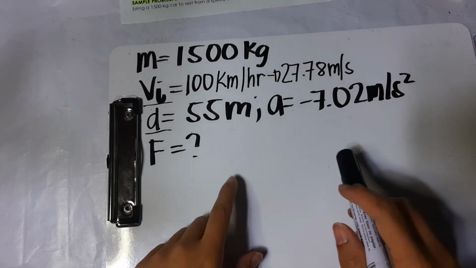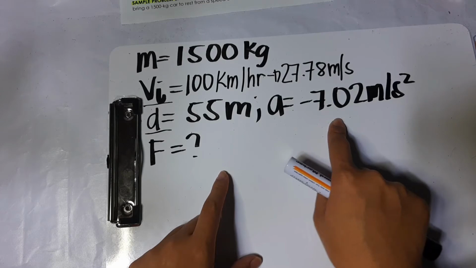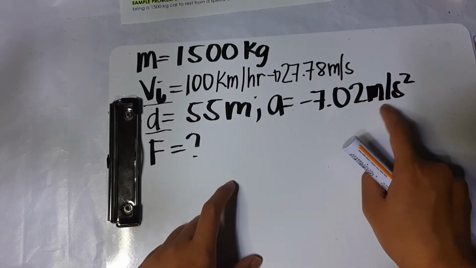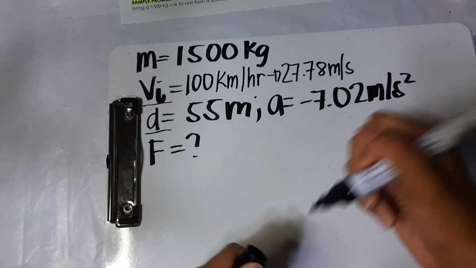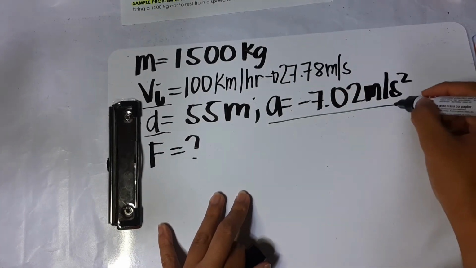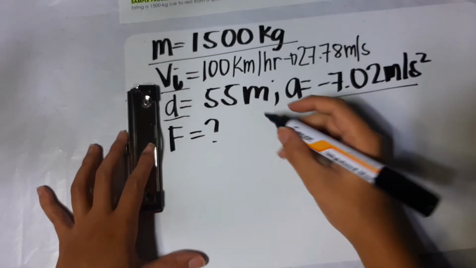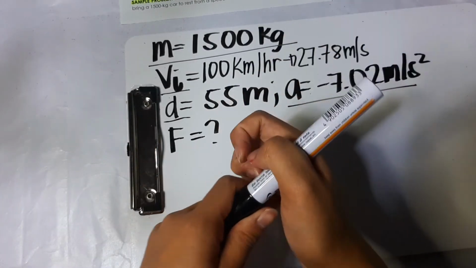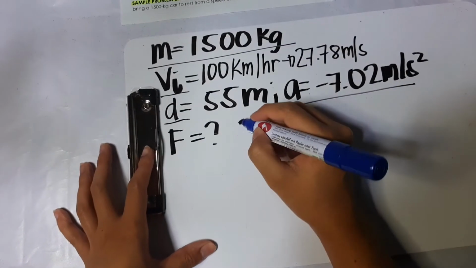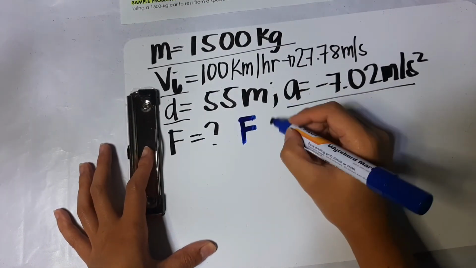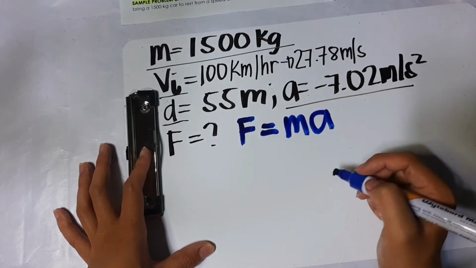Now, since we have the value of acceleration, which is negative 7.02 meters per second squared, let's substitute the given acceleration and the mass into our formula. So, let me change my pen. Force is equal to the mass times the acceleration.